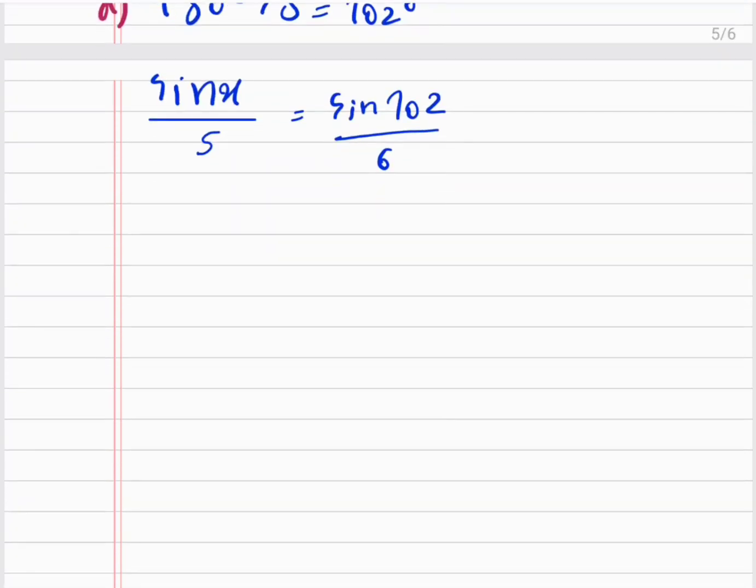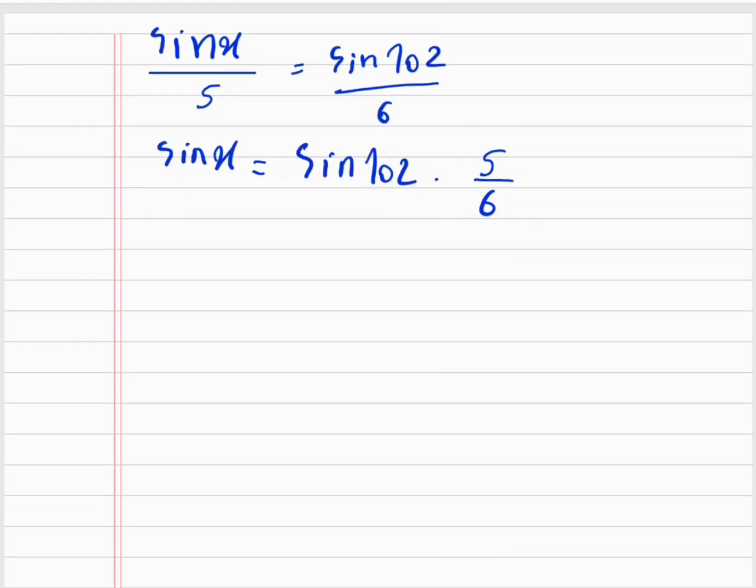Right, so at this point, just a simple equation. We rearrange: sine x is equal to sine 102 times 5 over 6. And now we need to work out the value of x.